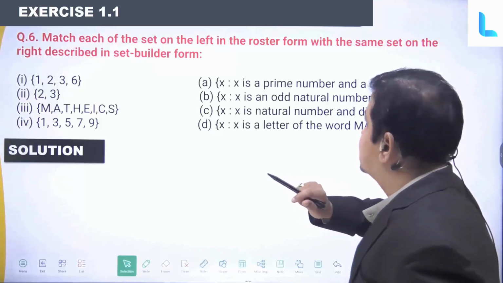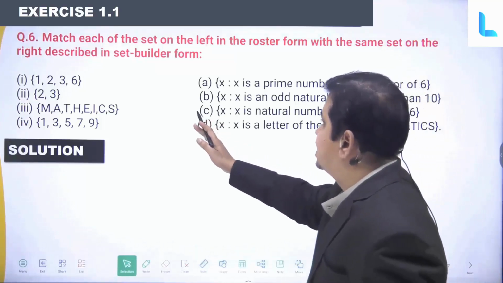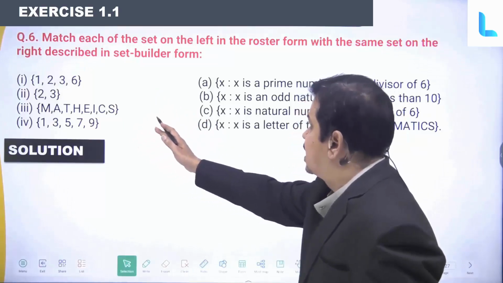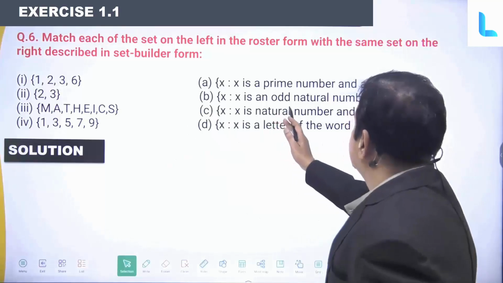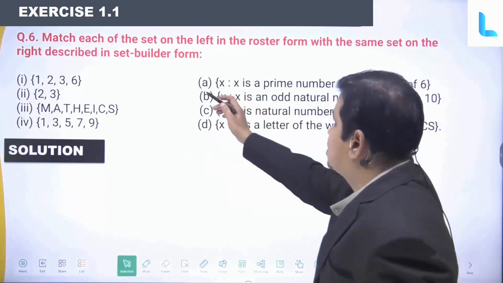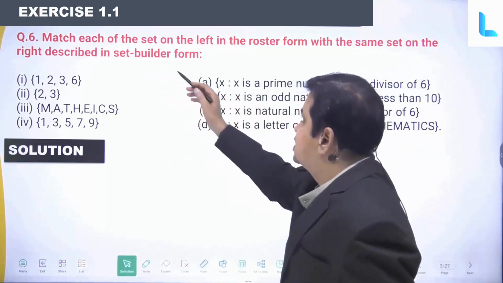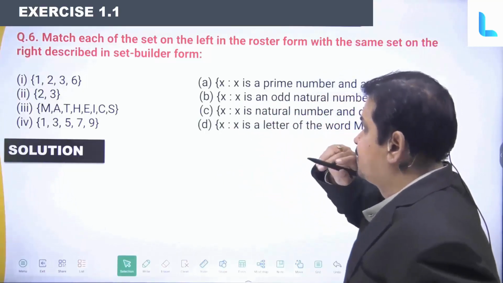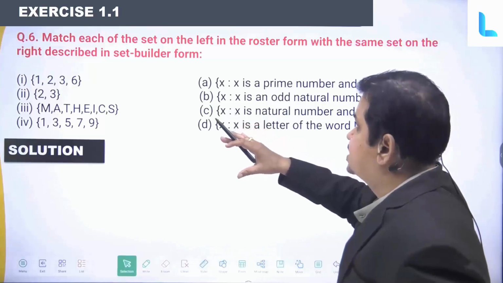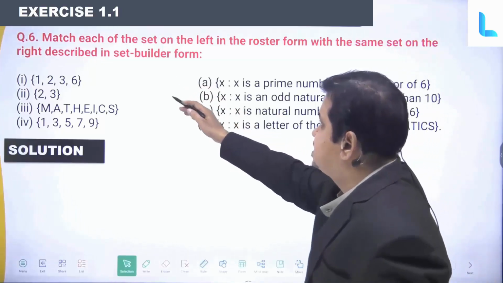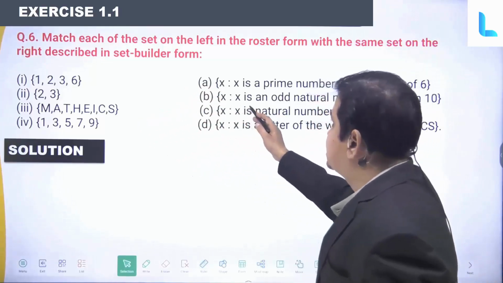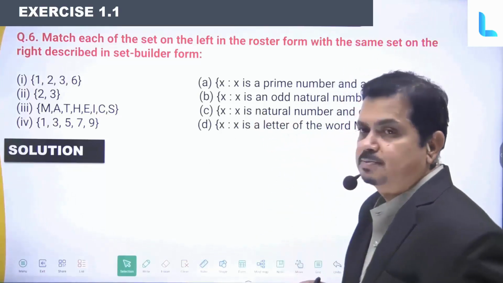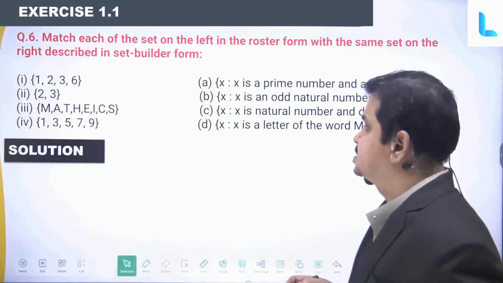They have given a set of elements in the roster form on the left hand side of the column, and on the right hand side you can see that the same sets are described in the set builder form, but it is changing in the order. What you have to do is match each of the sets in the roster form and in the set builder form, which describes the same set in these two columns.